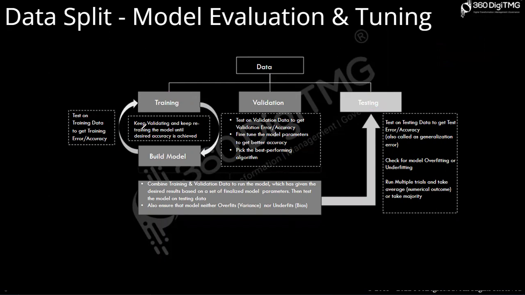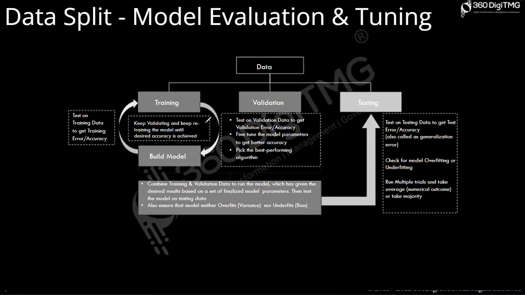When I have training data, we keep validating and keep retraining the model until the desired accuracy is achieved. That is important. And when it comes to validation data, there are certain points we have to remember: test on validation data to get the validation error or accuracy.